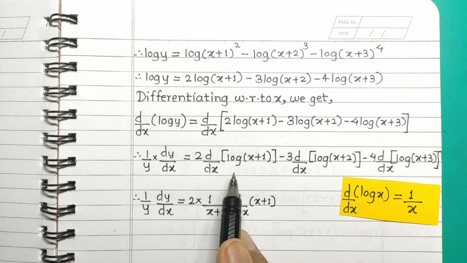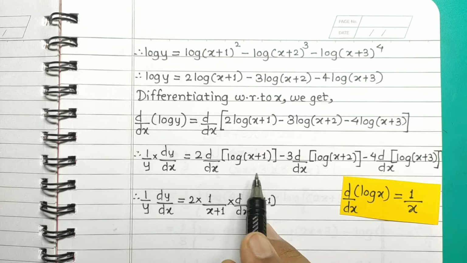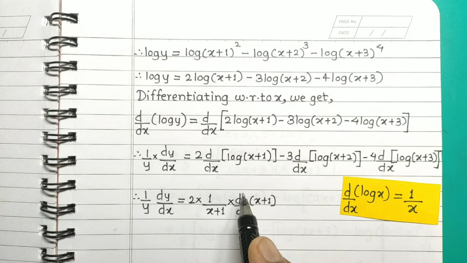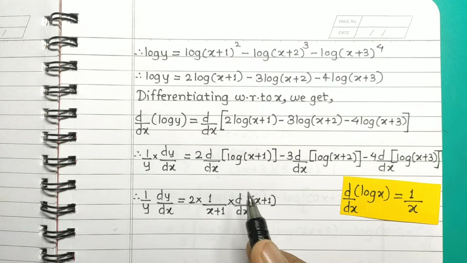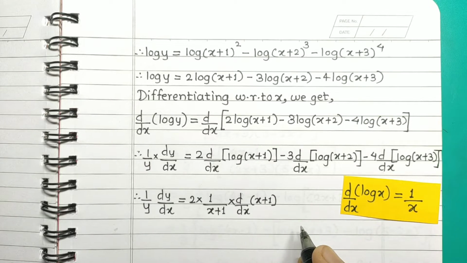So we have used the chain rule to evaluate this derivative. And students, you get to know now that we are using the chain rule so many times, repeatedly in various types of examples, and I told you the chain rule is a very basic concept for this chapter, differentiation.